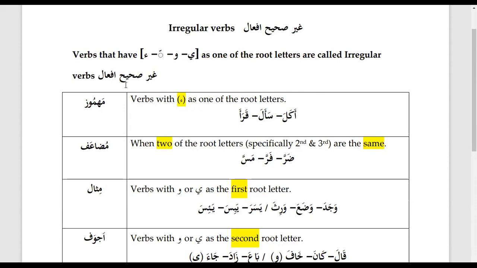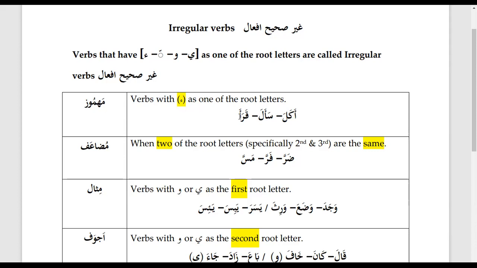And we have also discussed that if there is a hamza in one of the root letters, then it is called mahmuz. For example, akala, so we have hamza in the beginning. Sa'ala, we have hamza in the middle, and qara'a, we have hamza in the end. So these kinds of verbs are called mahmuz.